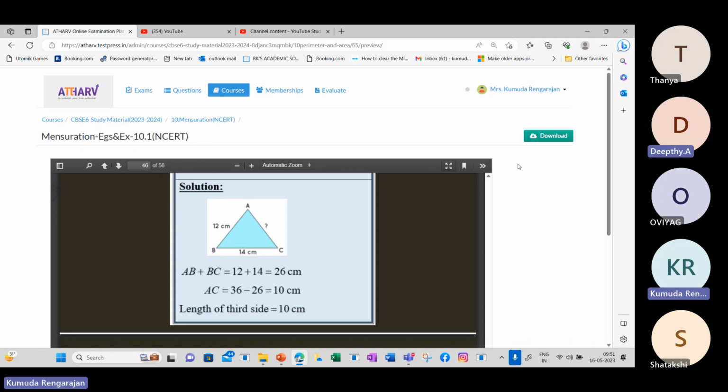Ma'am, I have a doubt. As homework, we're supposed to do 10.1, 10.2, and 10.3? For practice, just for practice, you can do it in a rough notebook also. Take a book, read the question from the screen and try to work it out. And check the answer with what you see on the screen. For practice, children.